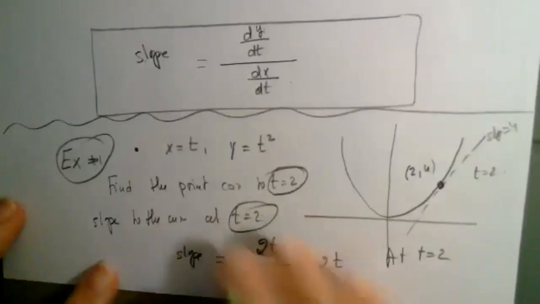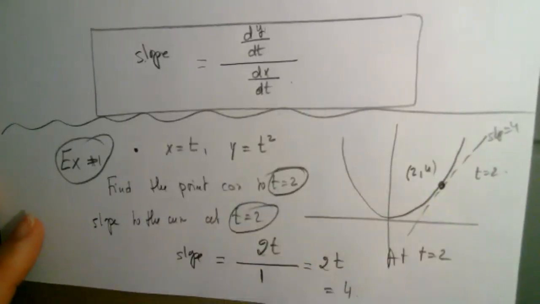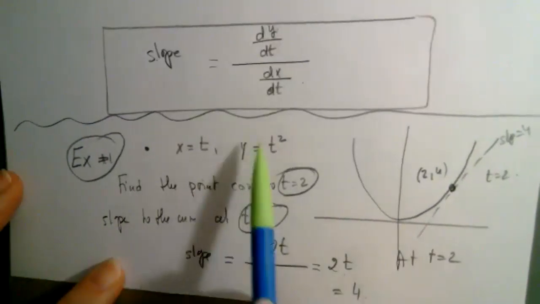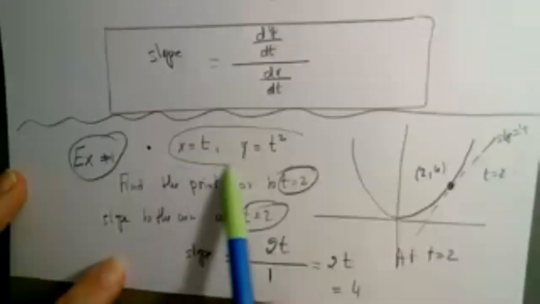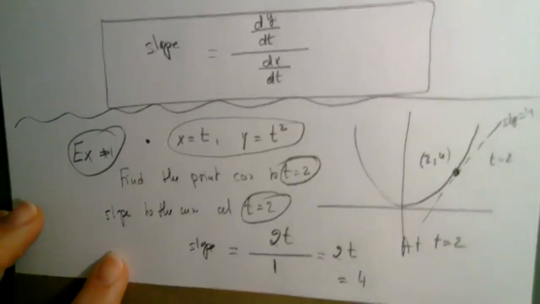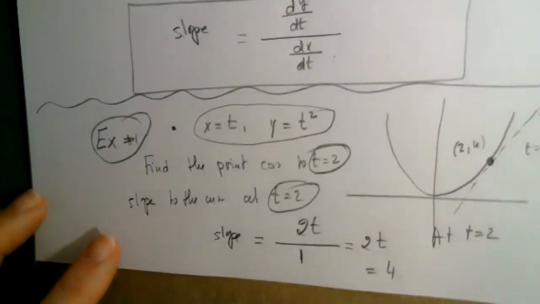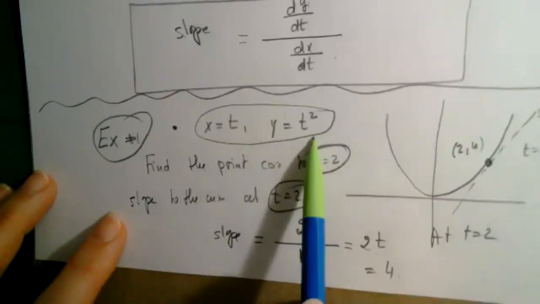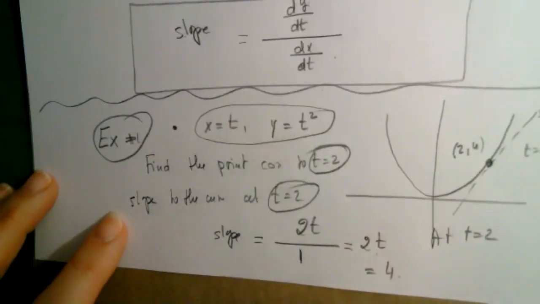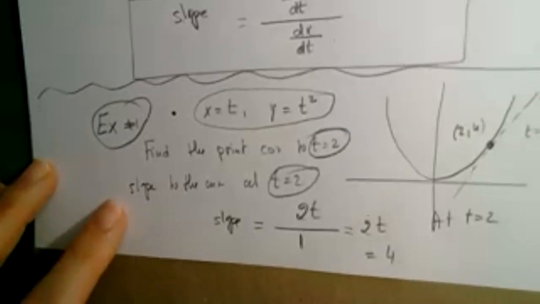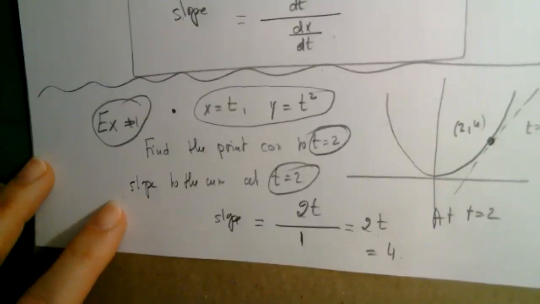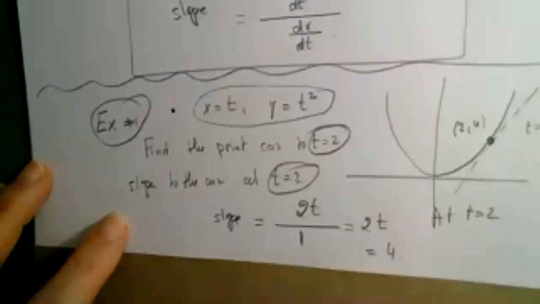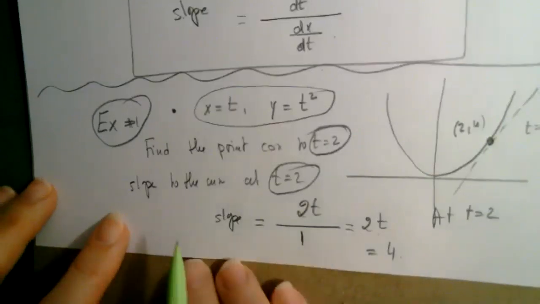Okay. Now, as I said, this is a very simple example to elaborate one simple idea. Now, in this particular problem, is it easy to find a relationship between x and y? I want an answer. I want it quick. Absolutely. And what's the relationship between x and y in this problem?